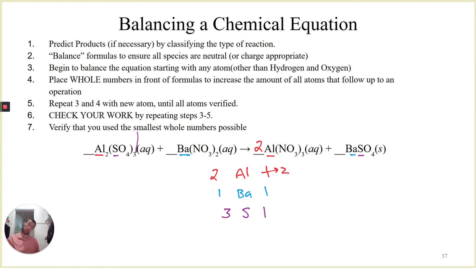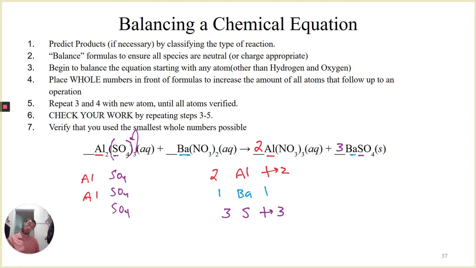This 3 applies to the parenthetical, which means that is SO4, SO4, SO4. It doesn't apply to the aluminum because the parentheses came before it. And this would be aluminum, aluminum, like that. So that doesn't balance, so I need to make this a 3, okay, so that the sulfur would balance.